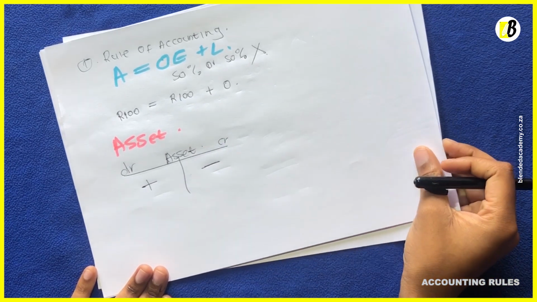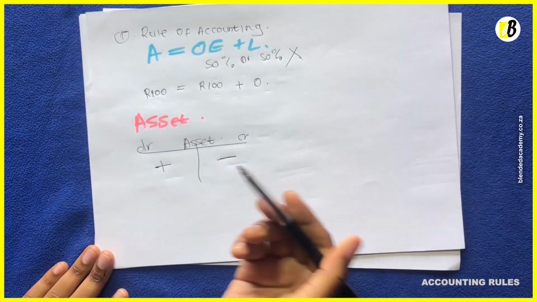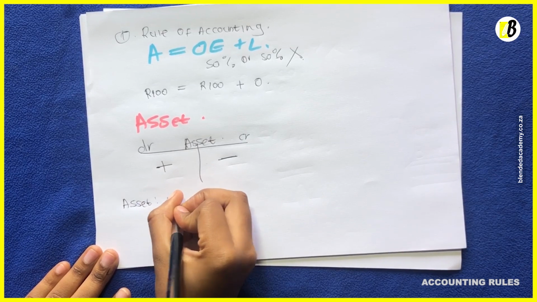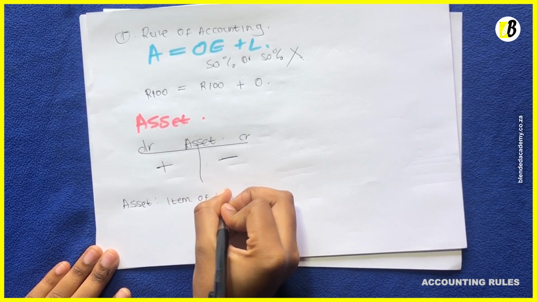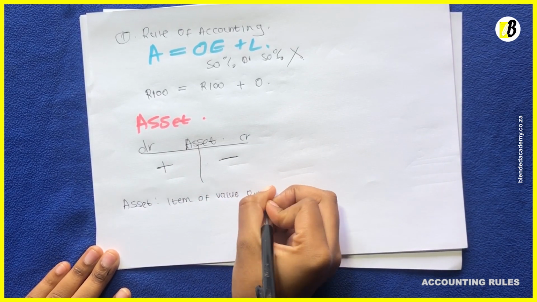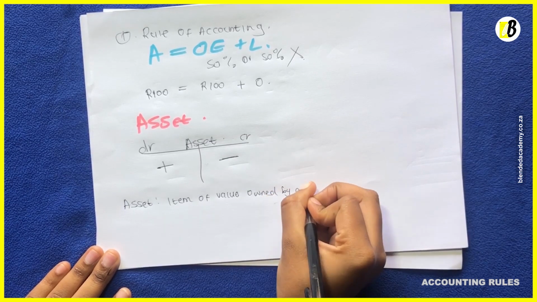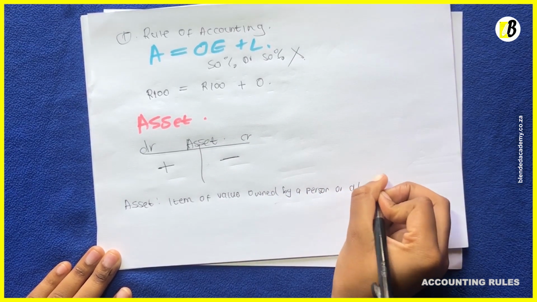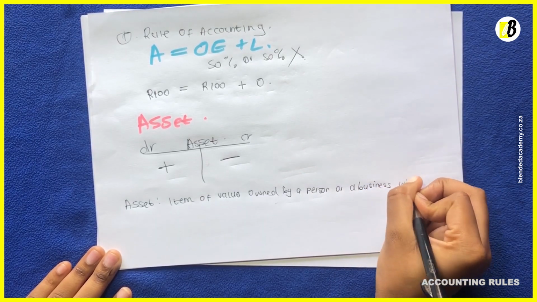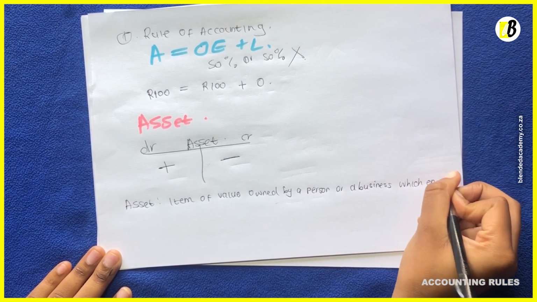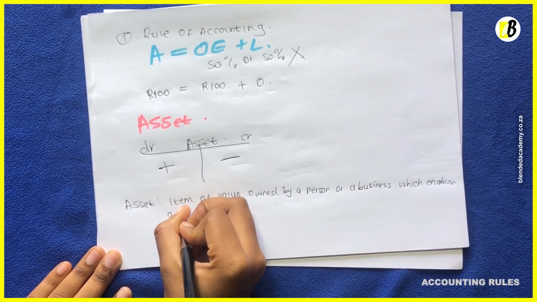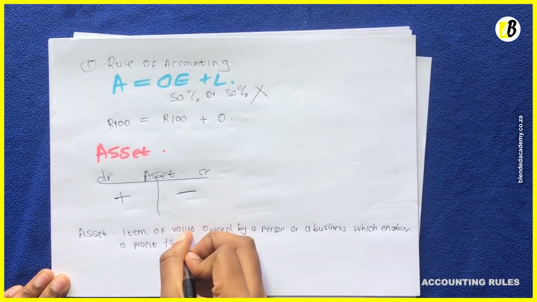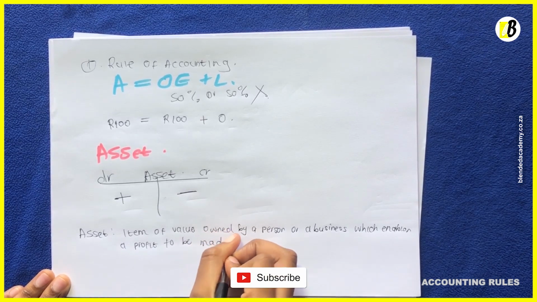So before going forth, let me start with the definition of an asset. An asset is an item of value owned by a person or a business which enables a profit to be made.